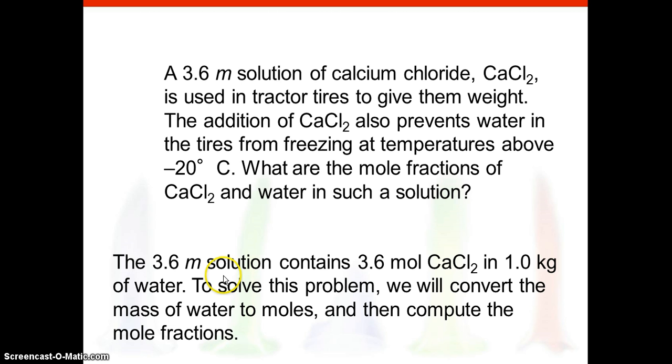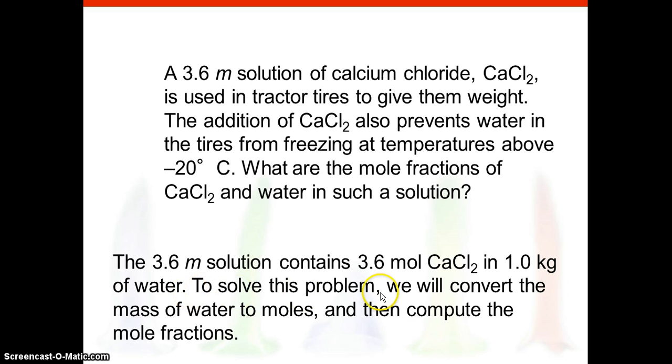Now we have a 3.6 molality solution, which means we can interpret it as 3.6 mole CaCl2 in 1 kilogram of water.